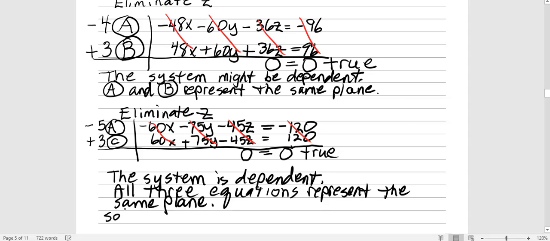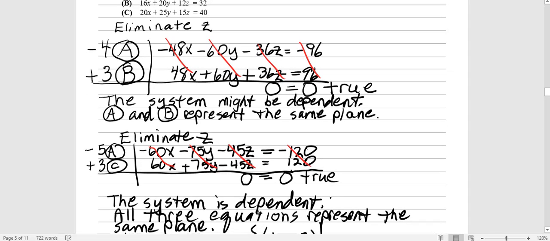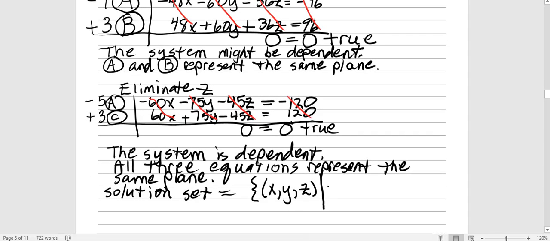So the solution set is the set of all x, y, z such that, and I can use any one of the equations, so I'm going to just use A, 12x plus 15y plus 9z equals 24.